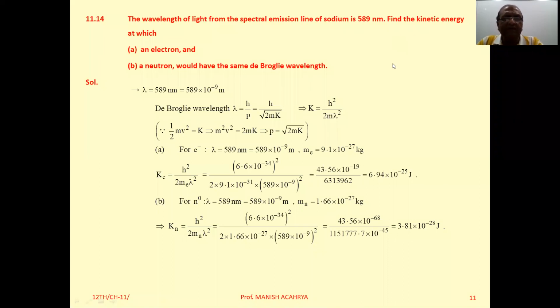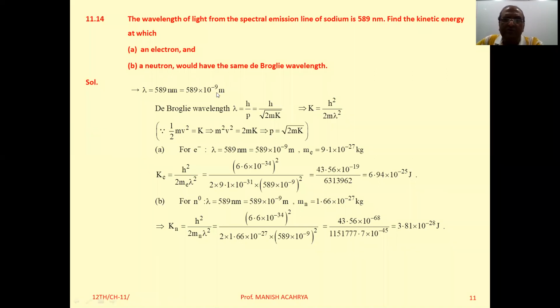11.14. The wavelength of light from the spectral emission line of sodium is 589 nanometer. Find the kinetic energy at which A, an electron, and B, a neutron, would have the same de Broglie wavelength. Okay. Now see, lambda is 589 nanometer. So 589 into 10 raised to minus 9.